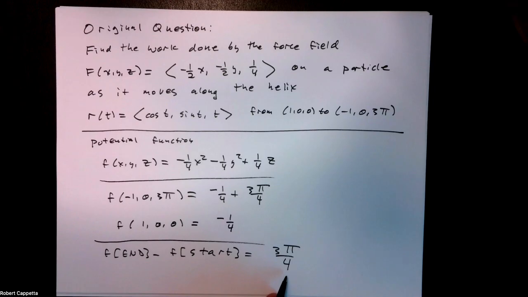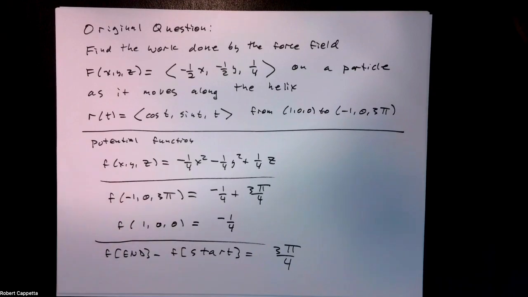And this helps us imagine the behavior of the fundamental theorem of line integrals. So this is going to be like the fundamental theorem of calculus. You find the antiderivative, evaluate at the endpoint and the starting point, and subtract. The same kind of idea works here. We find the potential function, evaluate at the endpoint and the starting point, then subtract.